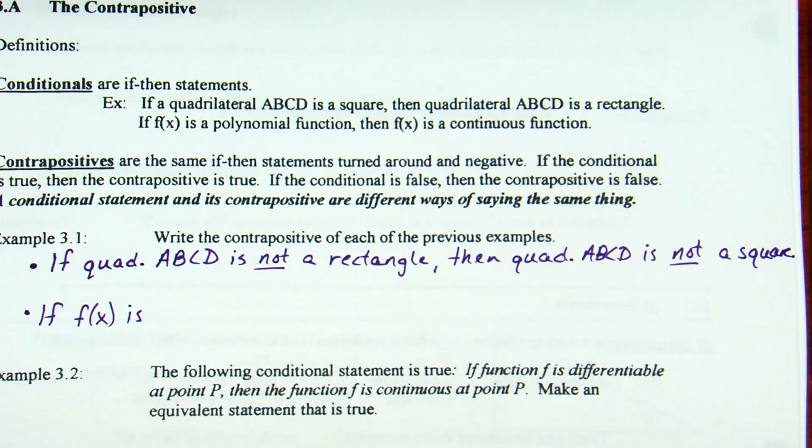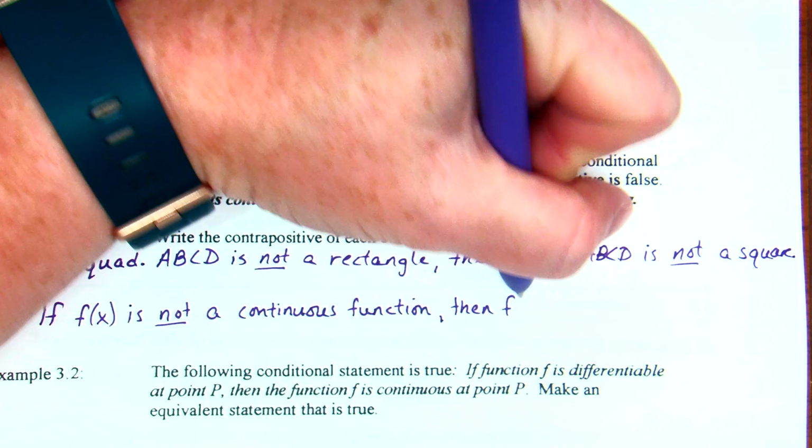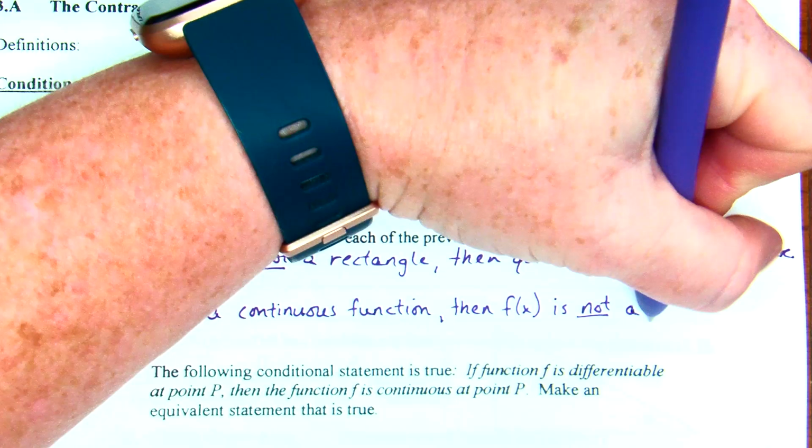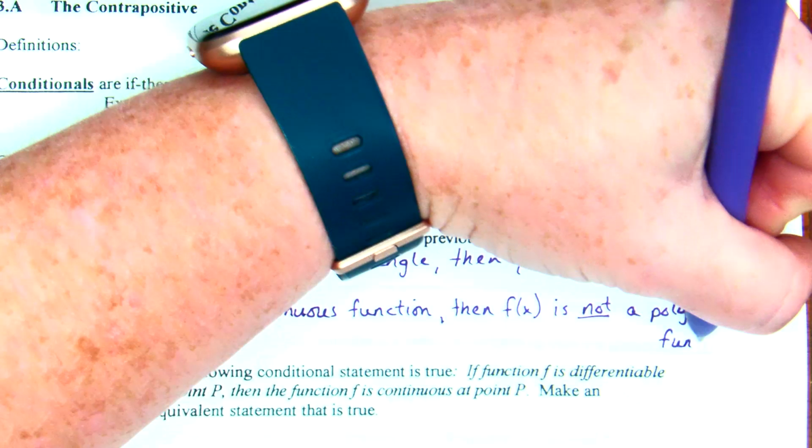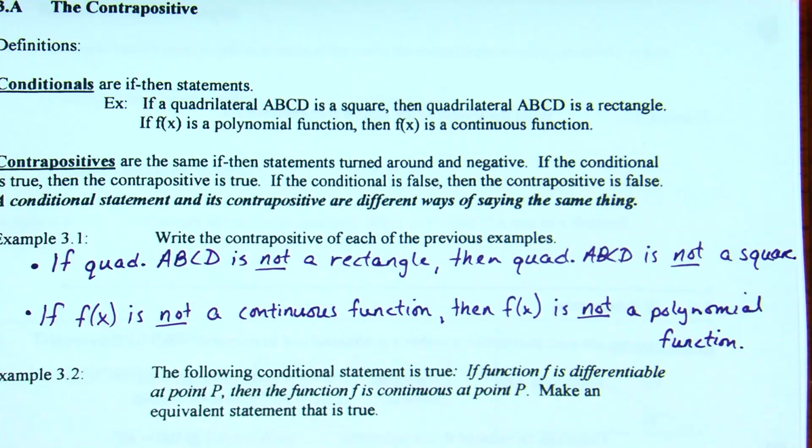If f of x is not a continuous function, then f of x is what? Not a polynomial function. Okay, got the idea of contrapositive here?